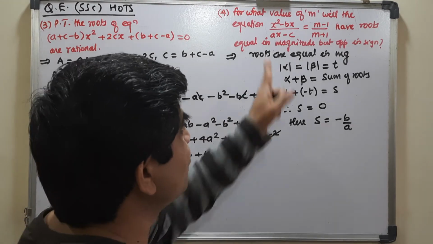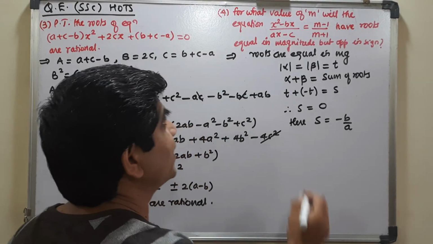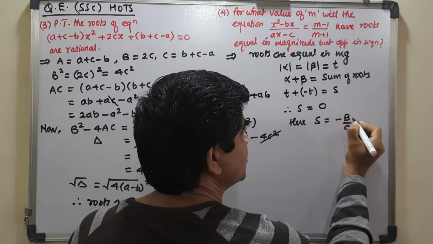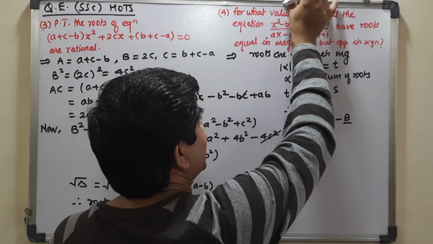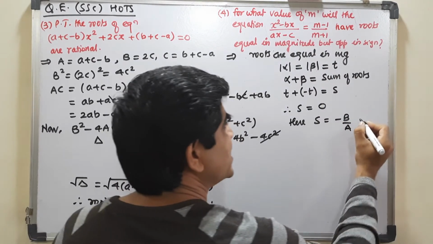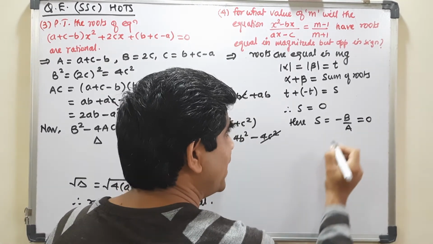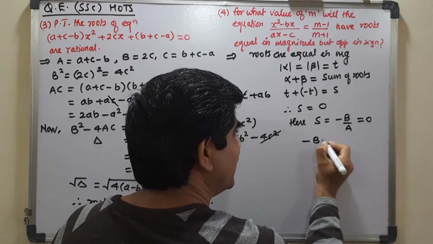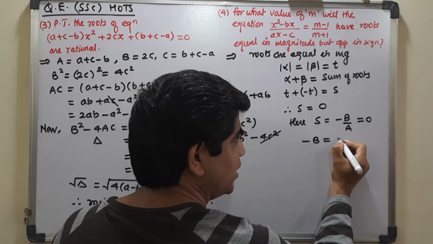So I need to find the value of b and the value of a. I will better write it as capital because here small is used now. So this is minus b by a. That means I need to show that this will be equal to 0, indicating that minus b is equal to 0.